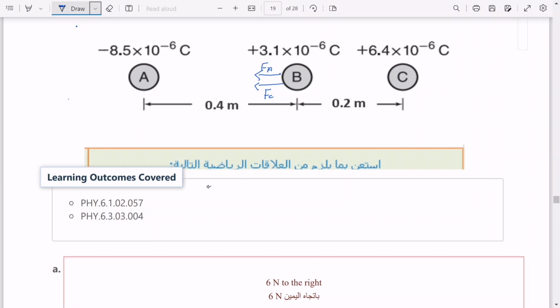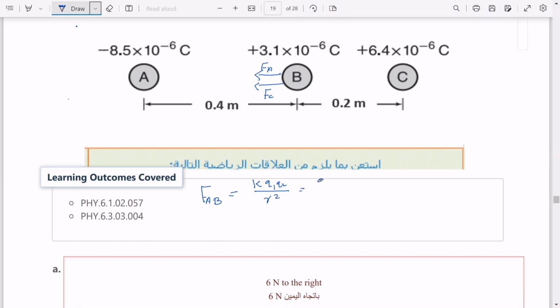So what is the force applied by charge A on charge B? I will just write FAB. The equation to calculate electrostatic force between two charges is given by Coulomb's law: K multiplied by Q1 multiplied by Q2 over R squared.